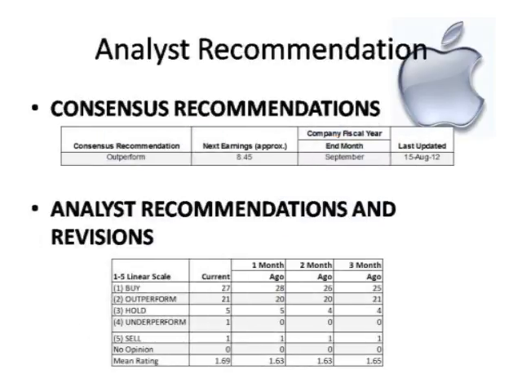On the next slide, we go over some analyst recommendations. This includes two different kinds of numbers. One is the consensus recommendation. Basically, the consensus recommendation is outperform. The estimated next earnings will be 8.45.